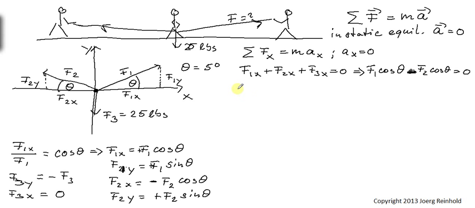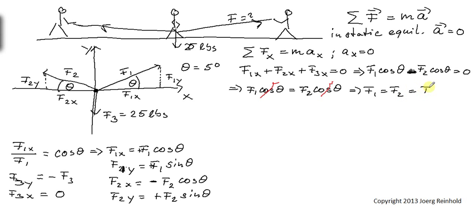So from that it follows that F1 times cosine theta equals F2 times cosine theta. I can divide left and right by the cosine of theta, and from that it follows that the magnitude of F1 is the magnitude of F2.